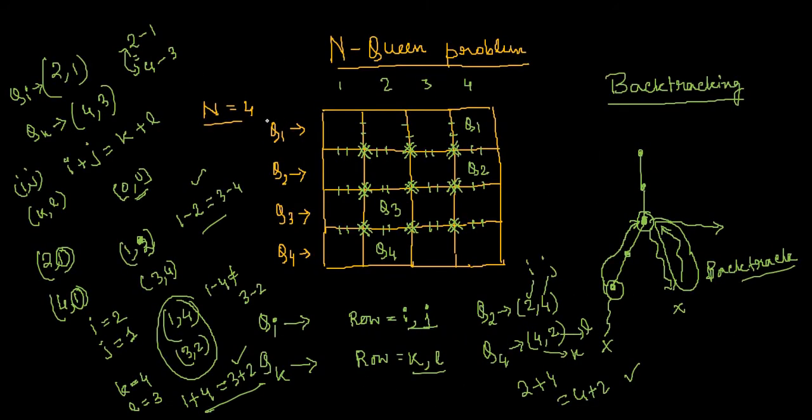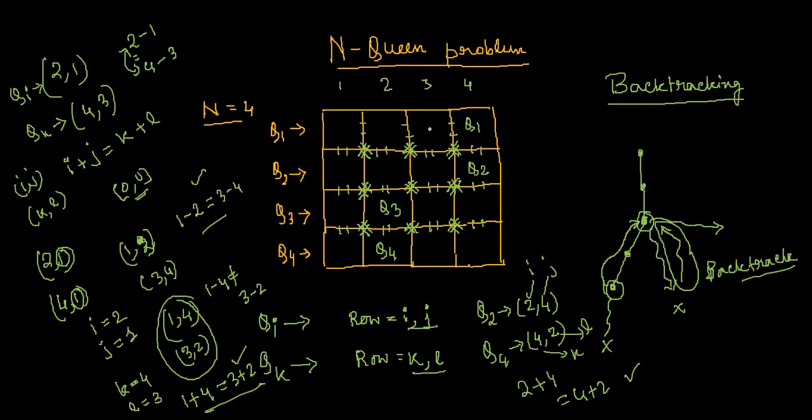One thing is for sure, that queen 1 has to be placed in the first row. So the queen number is fixed with respect to the rows. Now the column number depends on where that particular queen will be present. That's a part of the experiment.